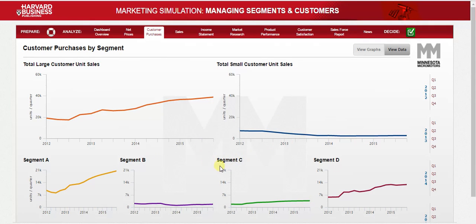And segment C, which is those in the open market, not too loyal to particularly anyone. As opposed to A, which is loyal customers to us, Minnesota Micro Motors, and D, which is the price sensitive group, which we also targeted quite a bit.